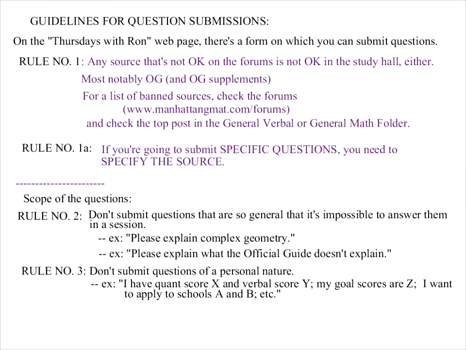Ask in the general questions folder on the forum. That's actually the purpose of the general folder, to accept problems like that.